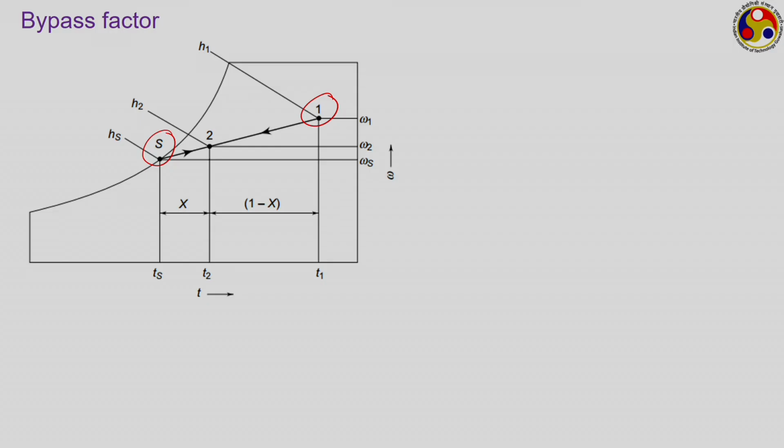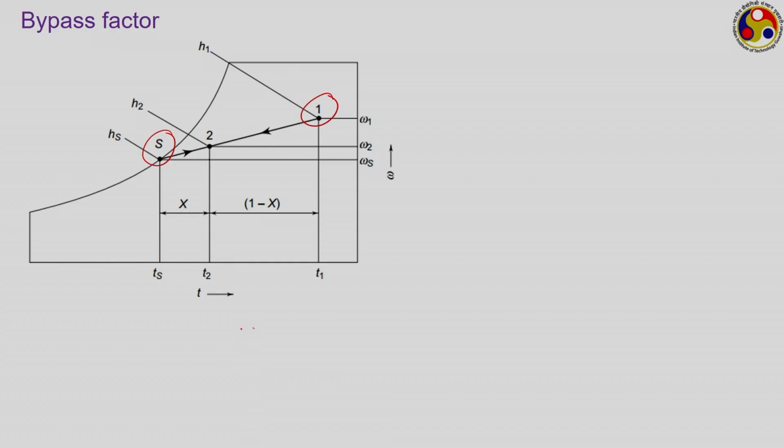Now, to have this point, we of course have to provide a cooling surface. The moist air coming in contact with the cooling surface will lose its energy. Accordingly, there will be both cooling and dehumidification, and we may be having the final temperature Ts.